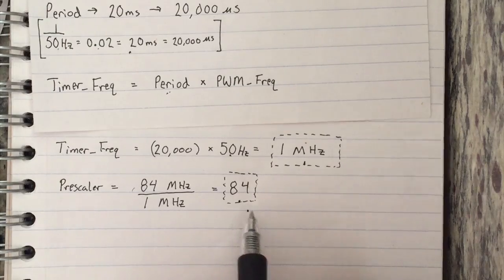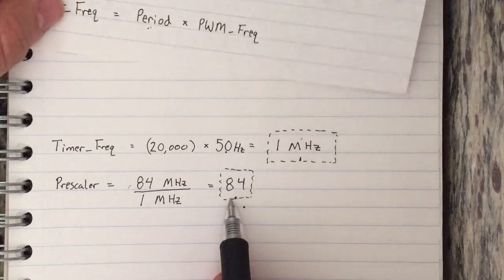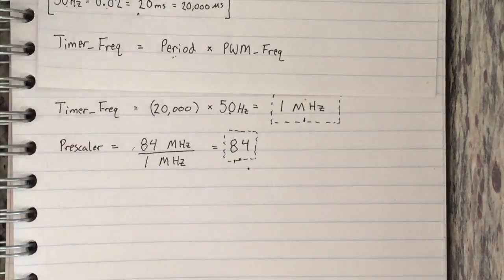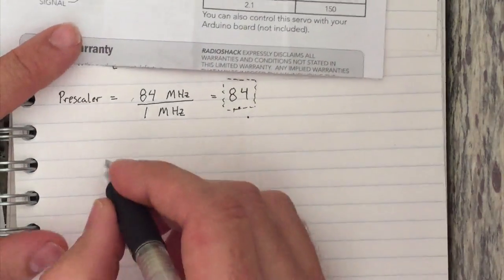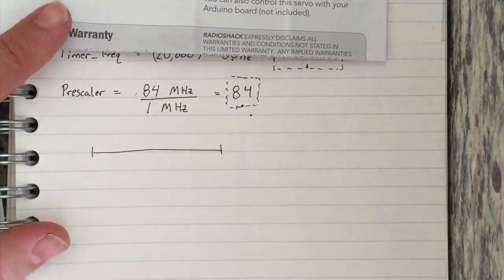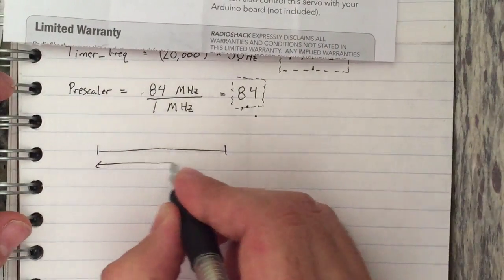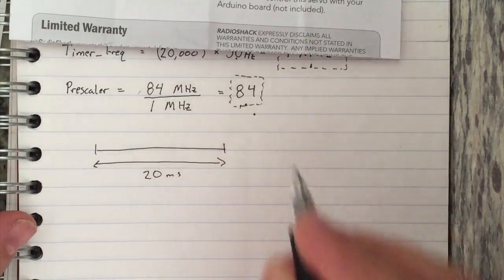Okay, so we're going to be prescaling our timer clock by 84, and we're going to have a period set up of 20 milliseconds. Now essentially, I'll draw it right down here. We'll have one period, which is going to be 20 milliseconds.